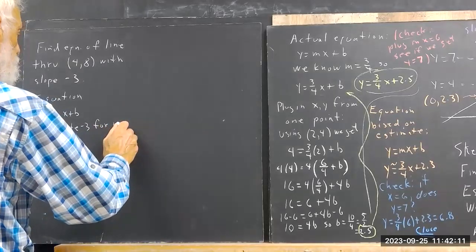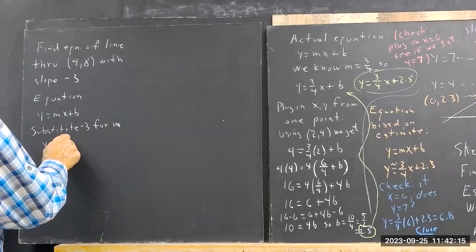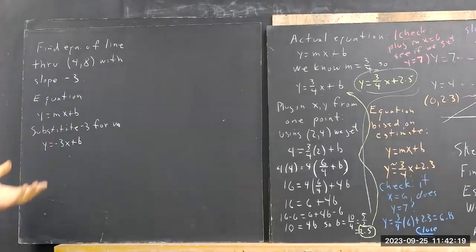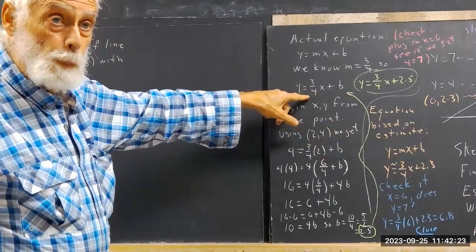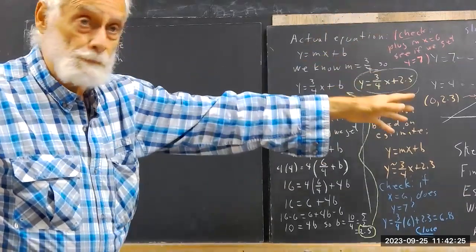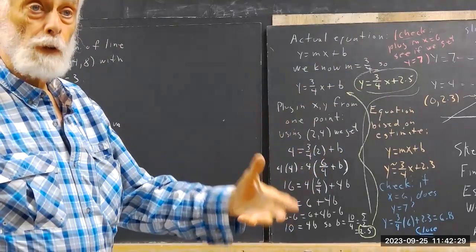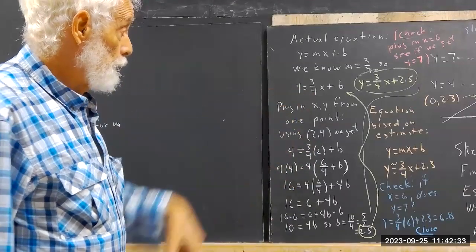Make it look a little more like an m. And you get y equals -3x plus b. Now that's kind of equivalent to what we had here. We found that the slope is 3/4, doing the process for the slope, which is really pretty straightforward if you've got 2 points. Okay, so we plug in for the slope.